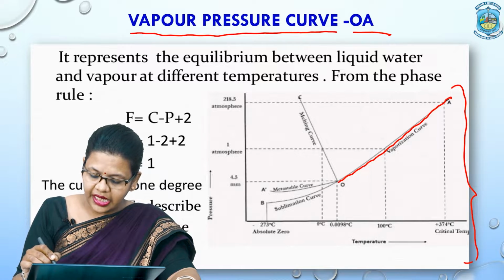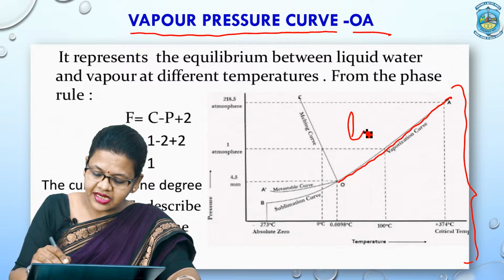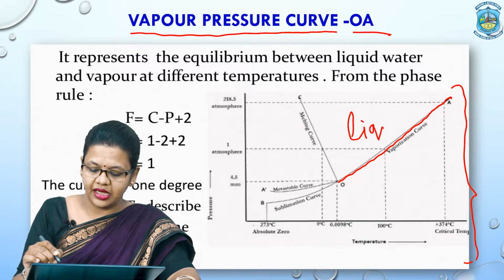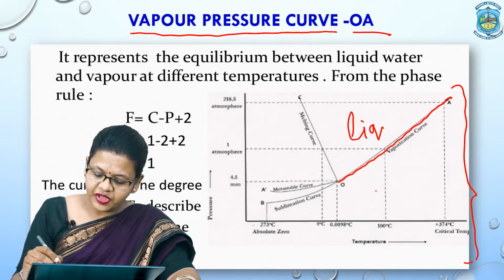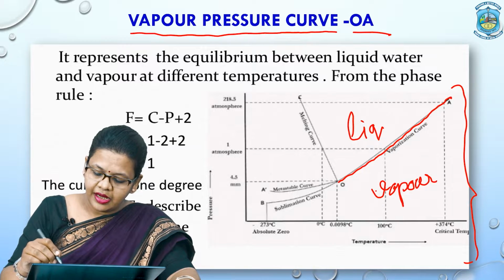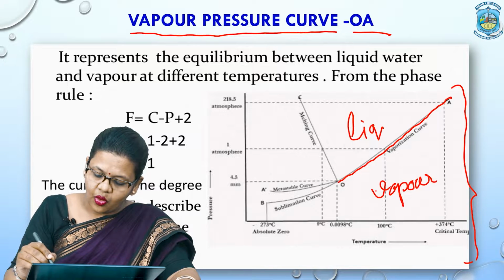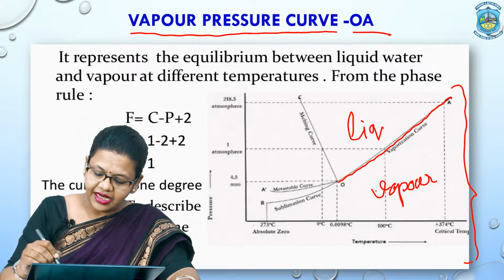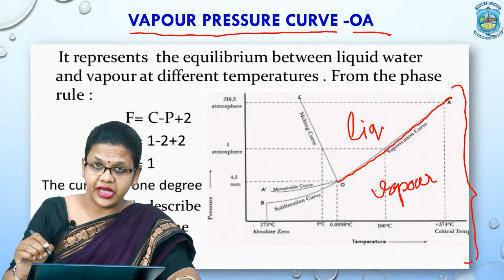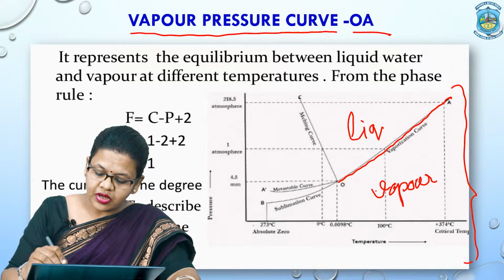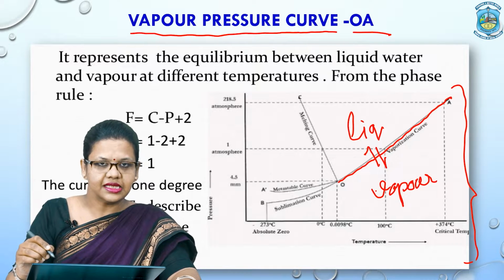This part shows the liquid state, and this part shows the vapor phase, which we may call steam. So the line OA divides liquid and vapor, and shows the conditions of equilibrium where the two phases can coexist together.